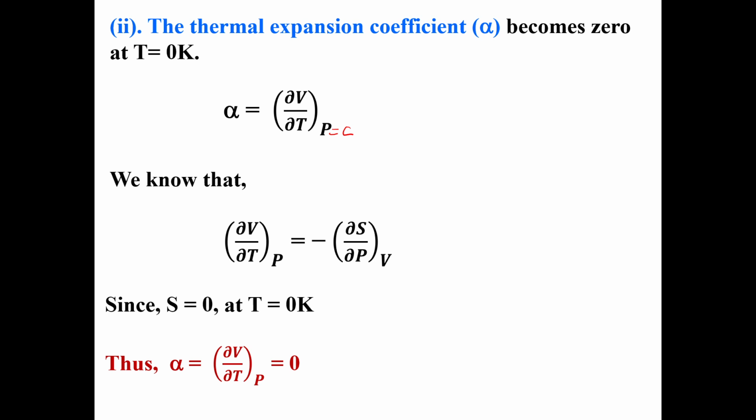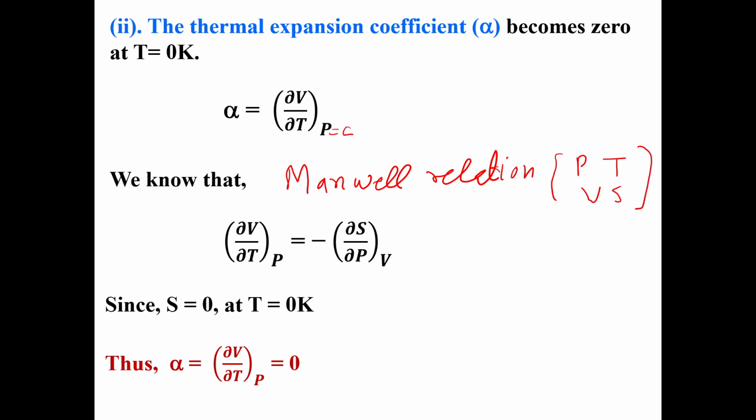We know that this is a Maxwell relation, which is a relation between four variables P, T, V, S. There are four Maxwell relations. This is one of the Maxwell relations according to which these variables are related like this. Now, since S is equal to 0 at temperature 0 Kelvin, which is your Nernst theorem, this alpha becomes equal to minus ∂S upon ∂P at constant volume.